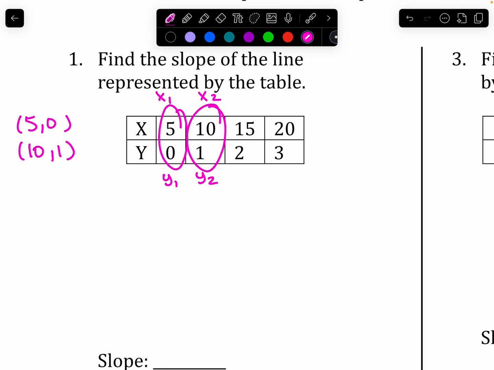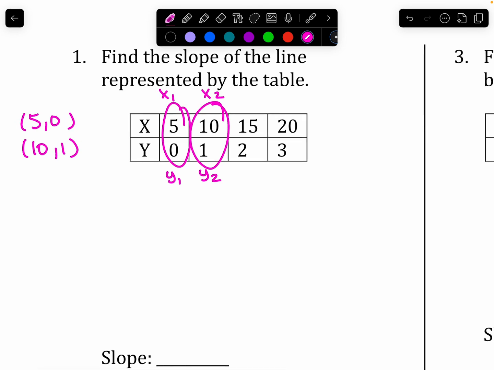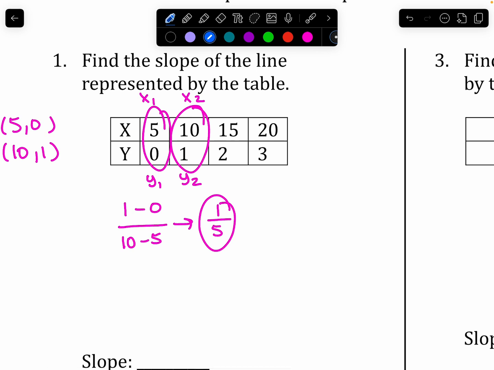So you can either rewrite them if you want, or you can just label your table like this. It doesn't really matter, okay? So either way we do this, we will do y2 minus y1 over x2 minus x1. This will be 1 over 5, and your slope is 1/5. So that's how you would do it using your y2 minus y1 over x2 minus x1. The other way you can do it is the change in y over the change in x.